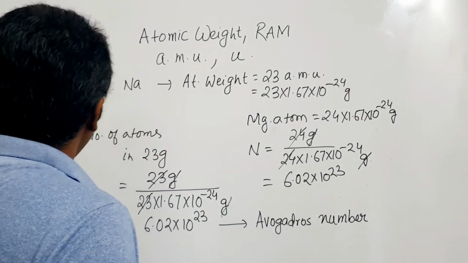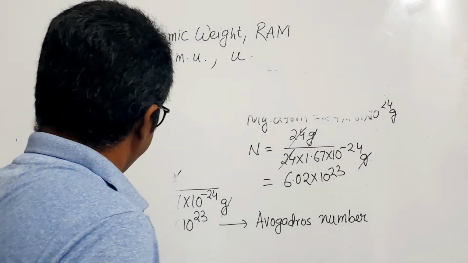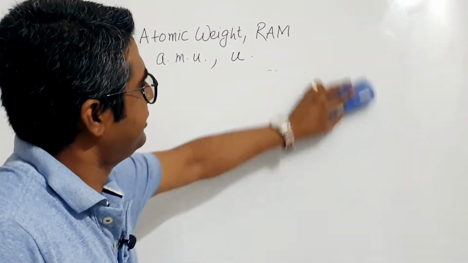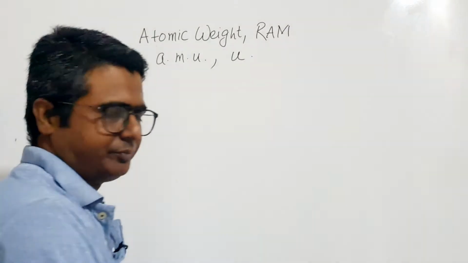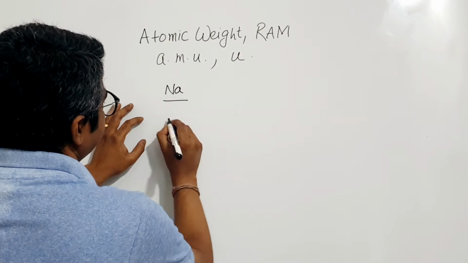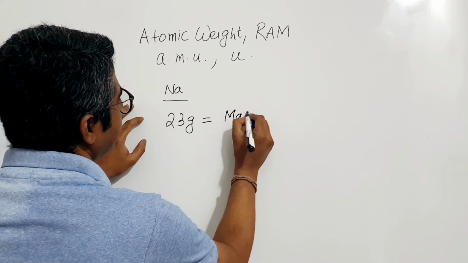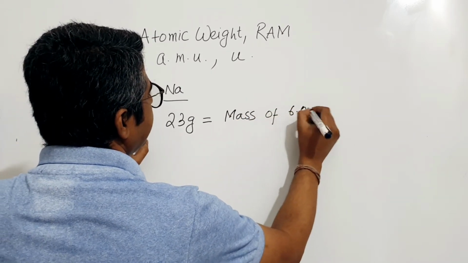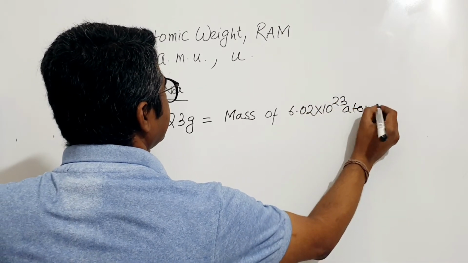So, when we talk about atomic weight and they call it in units like grams, what exactly can we call them? See, for sodium, 23 gram is the mass of 6.02 into 10 to the power 23 atoms.